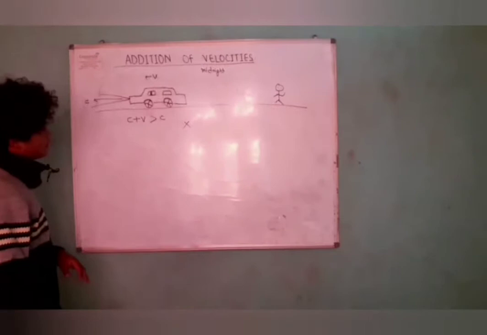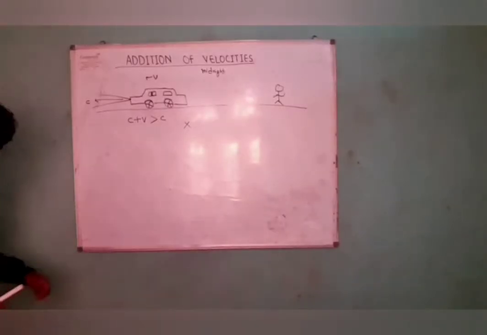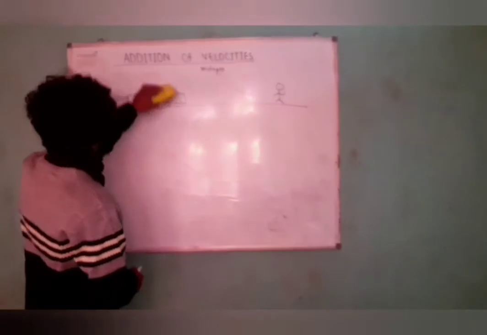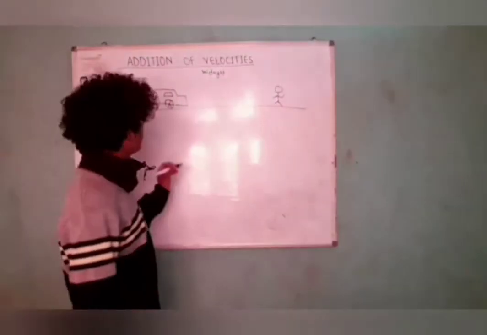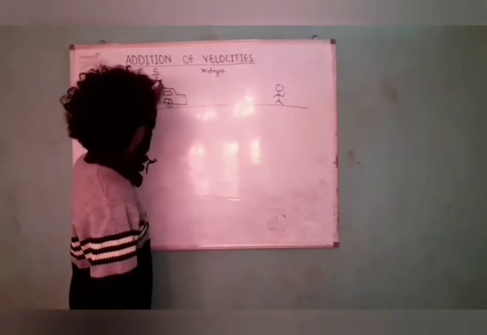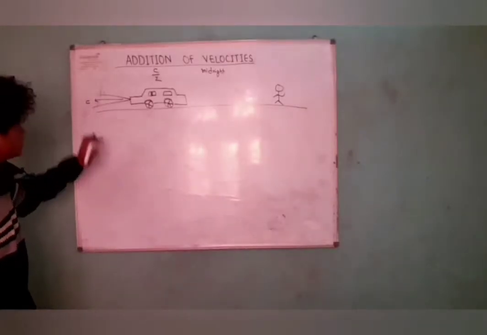So, to make the concept clear, let us take the next example. Let us assume this as a supercar, that is advanced technology car, moving with velocity c by 2, and this is the headlight of a car. We know that the speed of light is c.